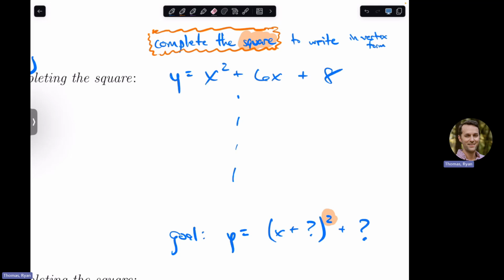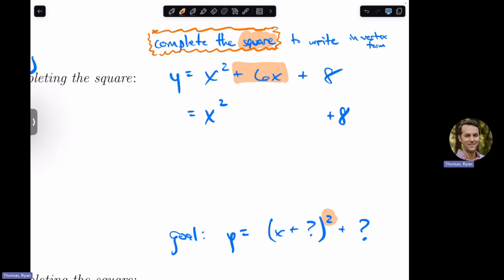And that's where this 10x came from, this 5x plus 5x. So the way we make completing the square work is to start by focusing on this. I'm not doing anything with those, but that's 6x.